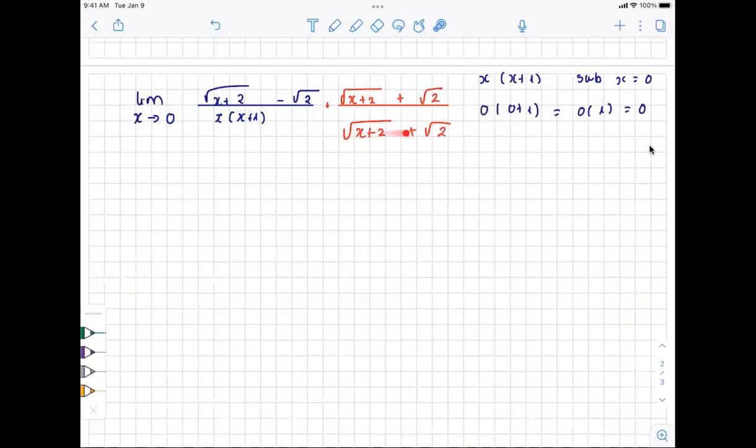Top and bottom are the same, so you're not changing the equation at all.